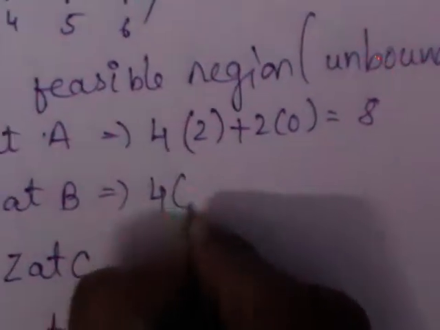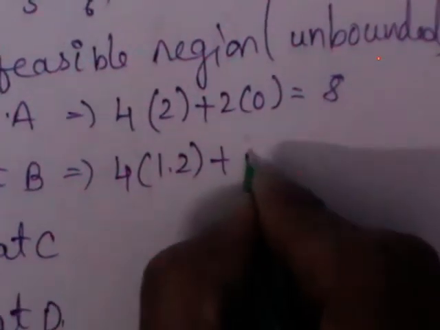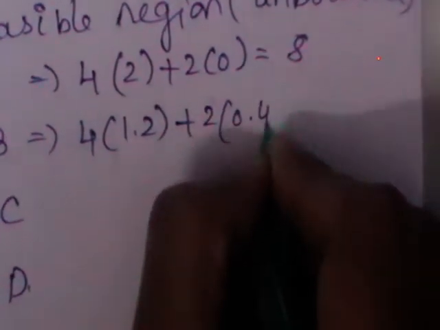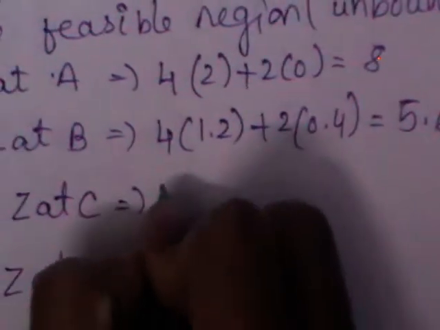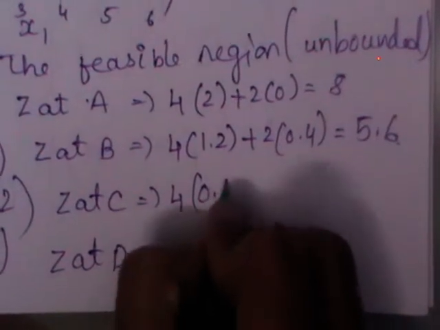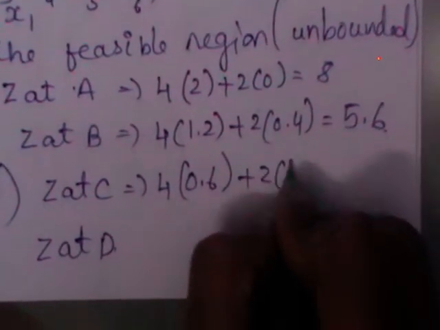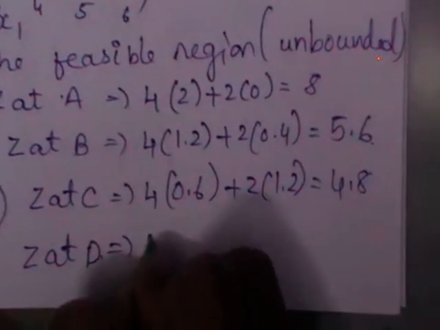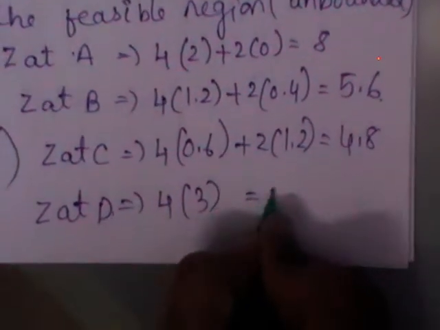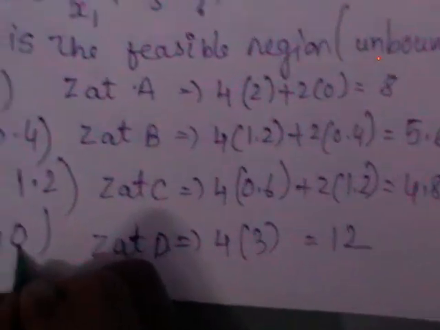Second one, 4 into 1.2 plus 2 into 0.4, which is 5.6. Here 4 into 0.6 plus 2 into 1.2, which is 4.8. Here it is 4 into 0, which is 0, plus 2 into 3, which is 6.